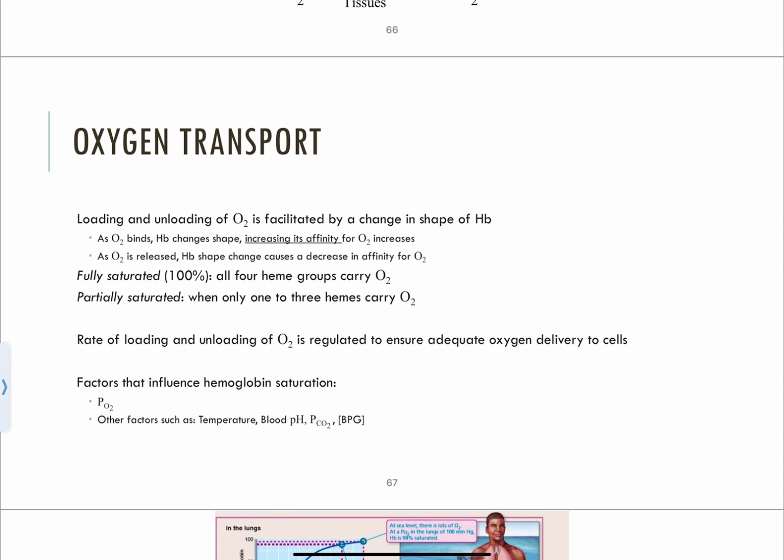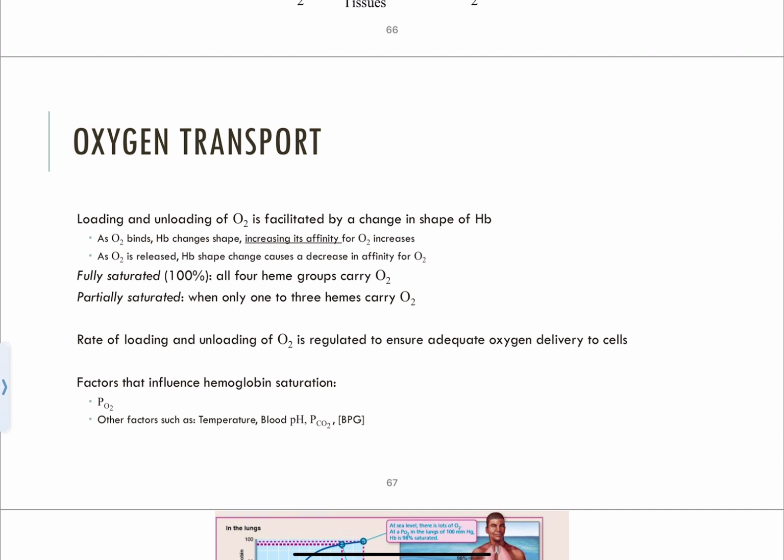If we only have 1, 2, or 3 oxygen molecules bound to a hemoglobin molecule, we say that the hemoglobin is partially saturated. If all 4 iron atoms in our hemoglobin molecule are bound to a molecular oxygen, then we say that the hemoglobin is fully saturated.